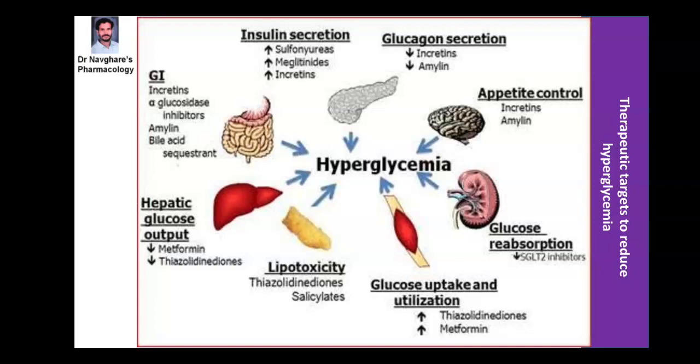And the best drug that controls entry of glucose through diet, that is through the gastrointestinal system, is alpha glucosidase inhibitor. So these are the different therapeutic targets for controlling hyperglycemia.